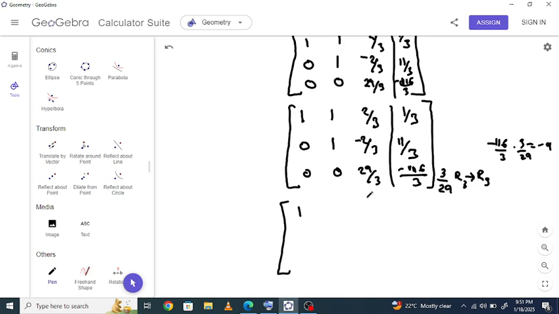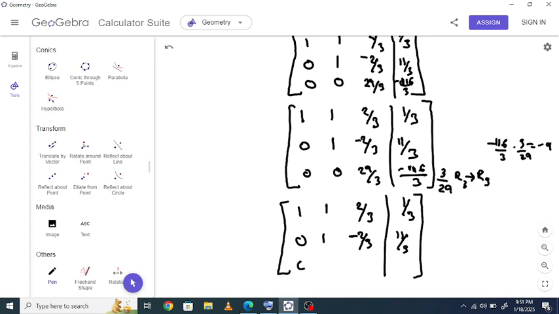We have 1, 1, 2 over 3, and 1 over 3 at this point. Then 0, 1, -2 over 3, 11 over 3, and 0, 0, 1, with -4 here. So the third row is already done. There's nothing you can do about it. The only thing you're left to do is put a 0 on the first row in the middle and a 0 here. So we have to eliminate those two.